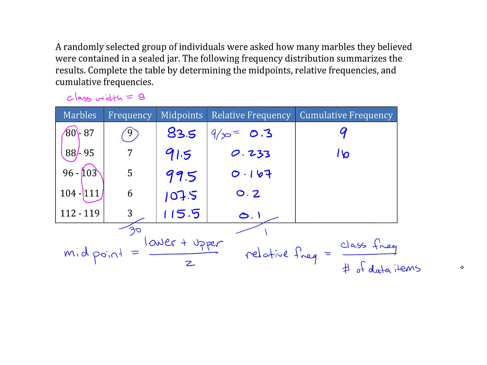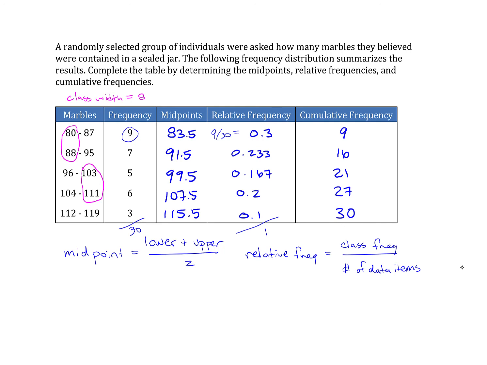And I keep doing this process. Then 16 plus 5 is 21. Then 21 plus the next frequency of 6 is 27. And then 27 plus 3 is the final cumulative frequency, which is 30. And that's how we do a cumulative frequency.